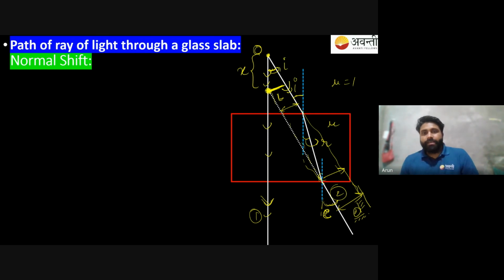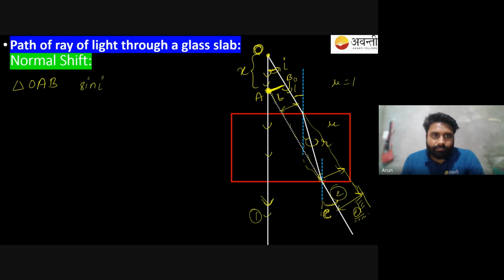If you apply sin I to this triangle, I must name it O, A, B. So in triangle OAB, sin I is nothing but perpendicular over hypotenuse.